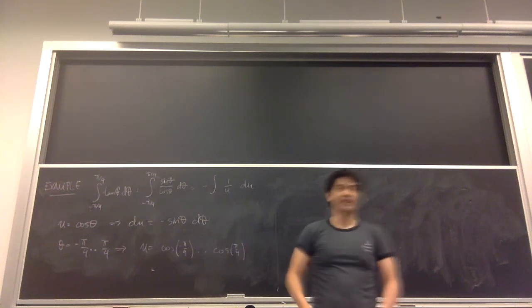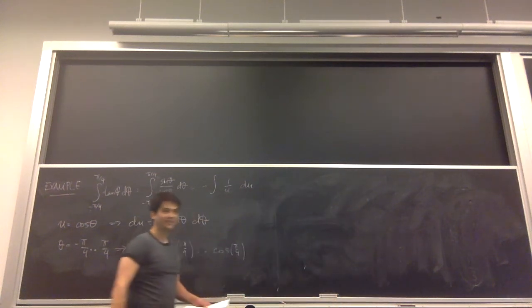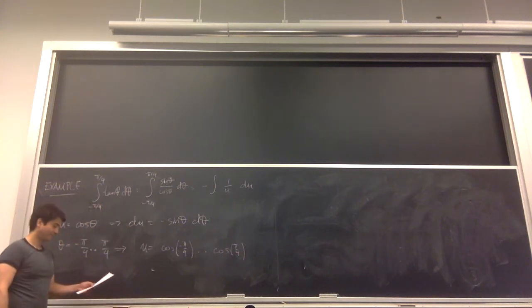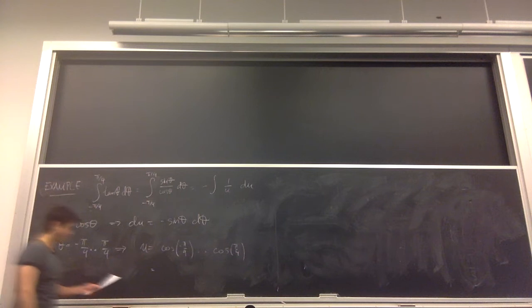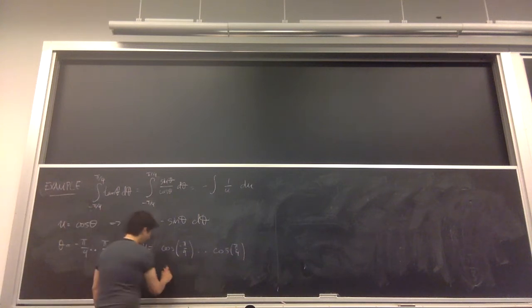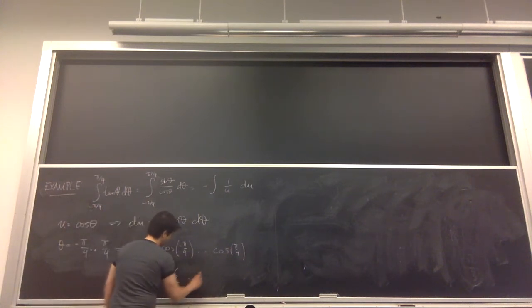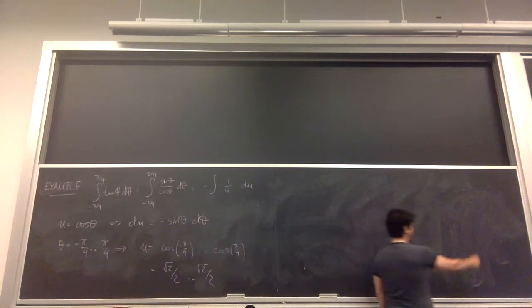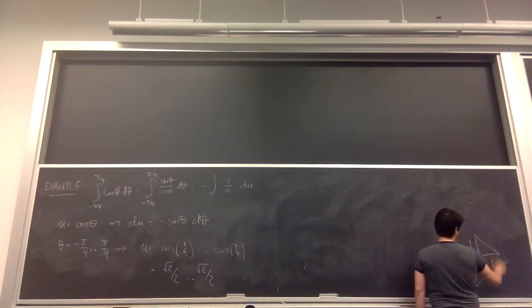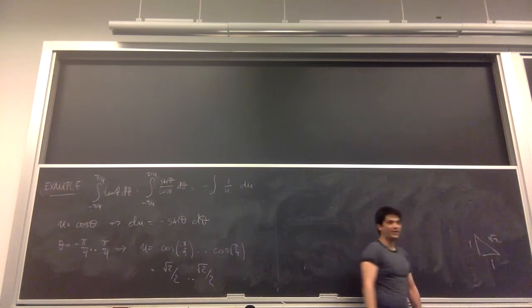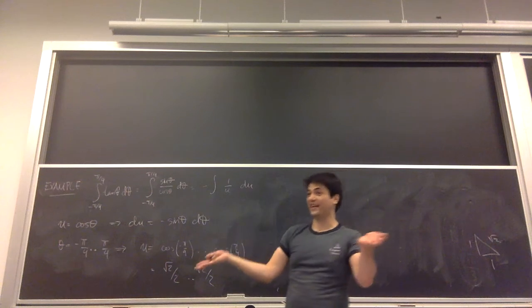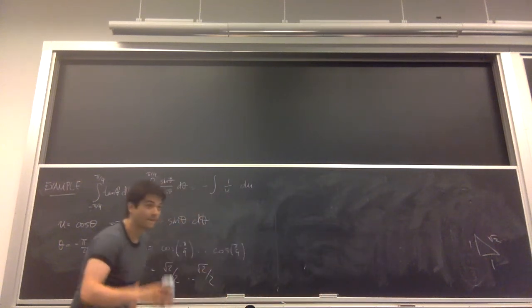Cos of pi quarter. Anyone? It's root 2 over 2. Because you should have learned a long time ago about this triangle. Please don't forget basic trig, because I'm going to have to use really sophisticated trig in a bit.